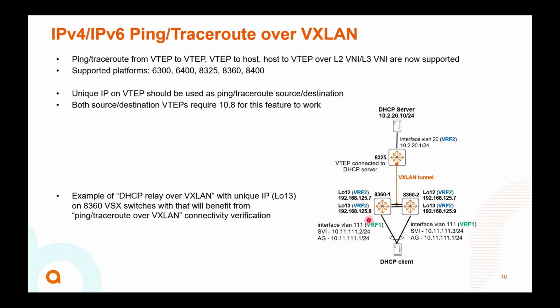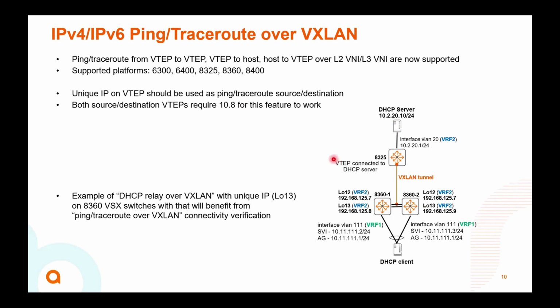I also have unique IPs here: loopback 13, 125.8, 125.9. So those are unique. So you should be using these as your ping and traceroute source, right? You should ping from 125.8 to the DHCP server to ensure you get a response back, and that the DHCP server can reach you. If you use 125.7 as your source, it might respond back to the other switch. So that's why we recommend a unique IP.